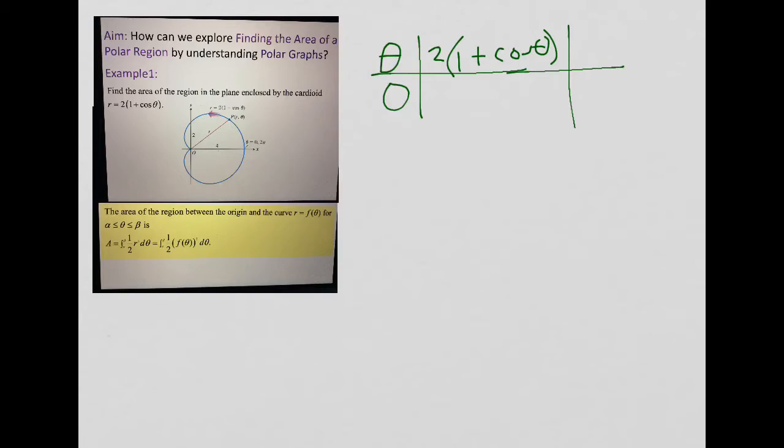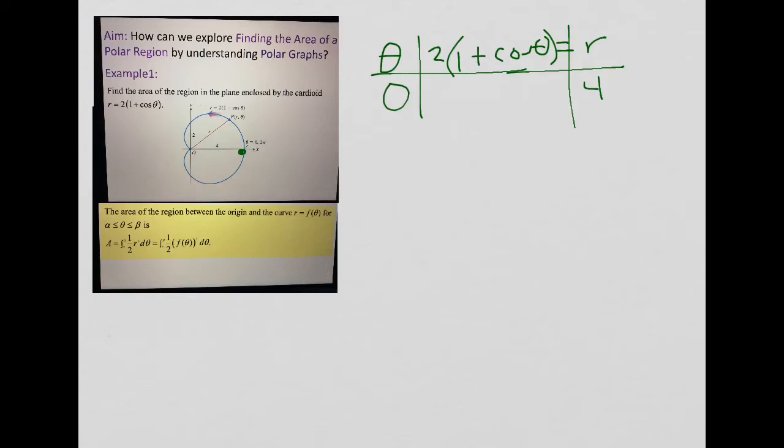So if you plug in 0 for theta to figure out r, you would just replace theta with 0. Cosine of 0 is 1, and 1 plus 1 is 2. So we really have 2 times 2 here, which is 4. So what that means is at an angle of 0, it has a radius of 4. So the first point that's plotted was actually out here.